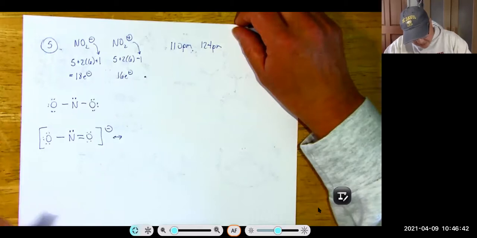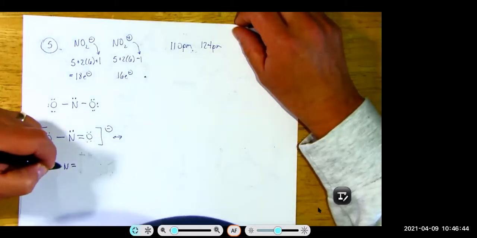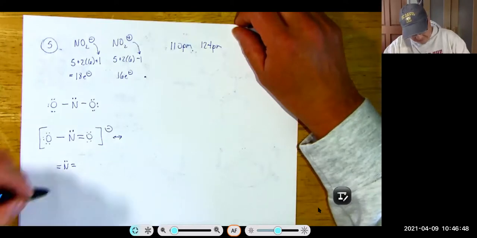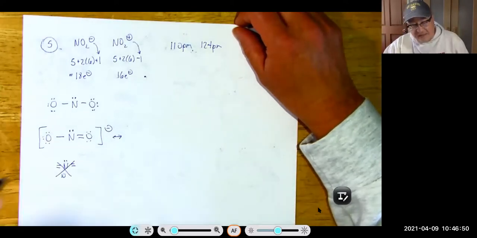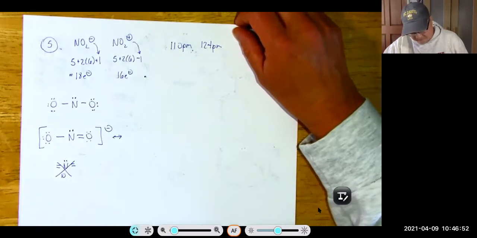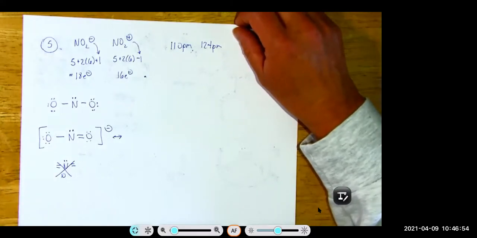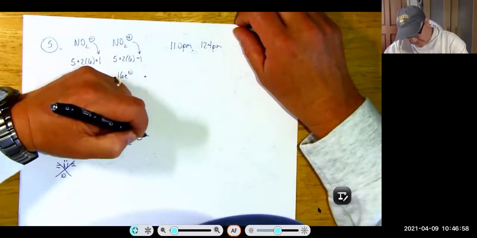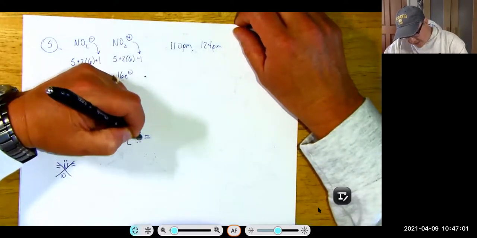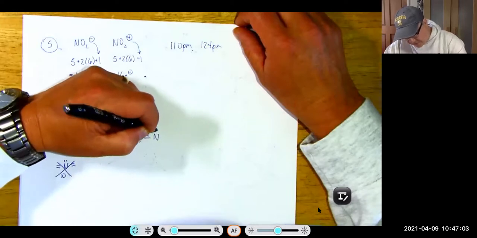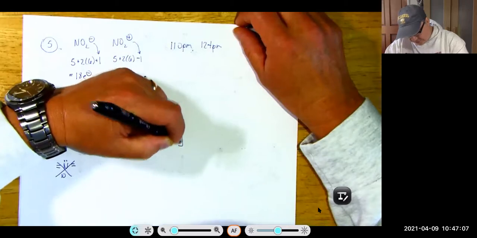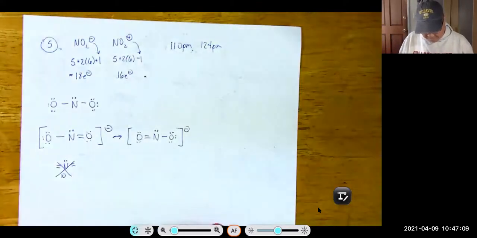So you cannot do this. 1, 2, 3. Right, the nitrogen would have 10. You can't have more than 8 in the second period. Okay, so there is another structure, and it looks like this, where we don't draw an additional double bond, but we have the double bond to the other side. So these are the 2 structures, right?